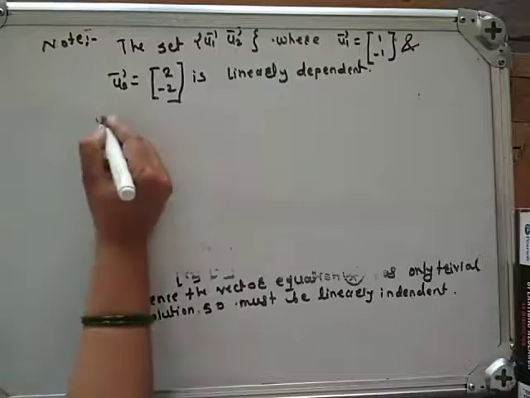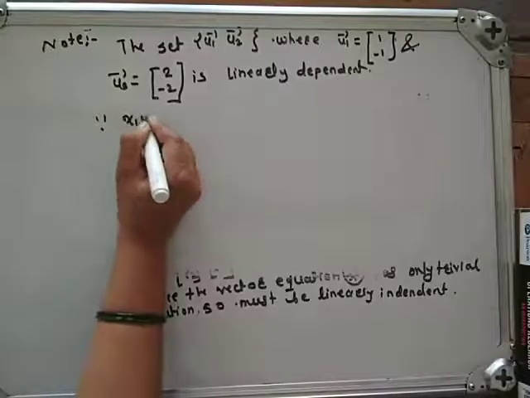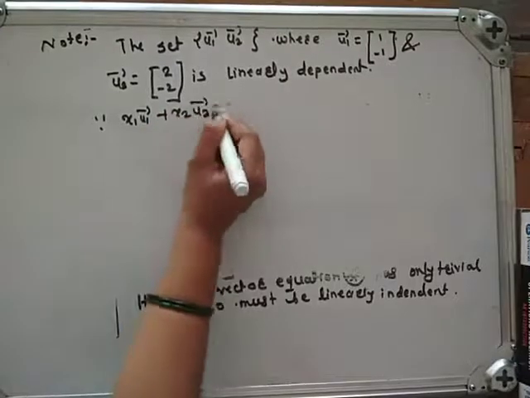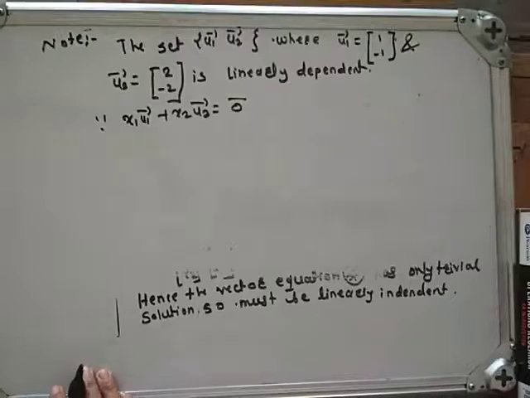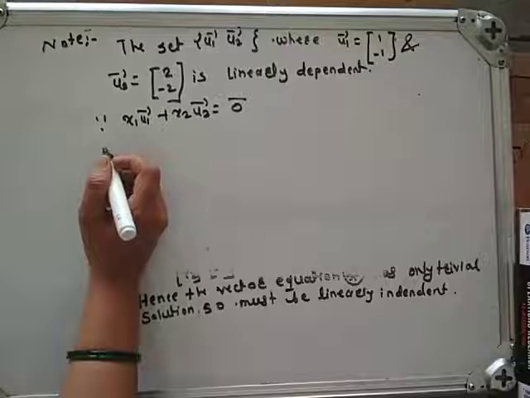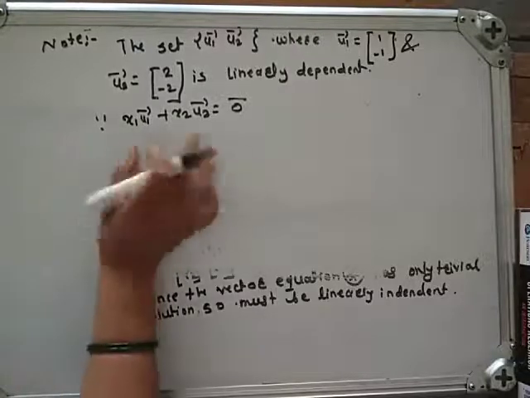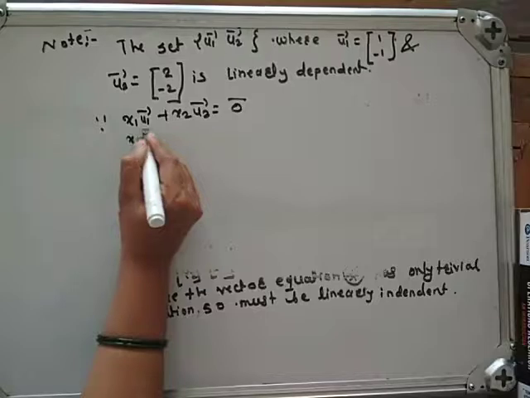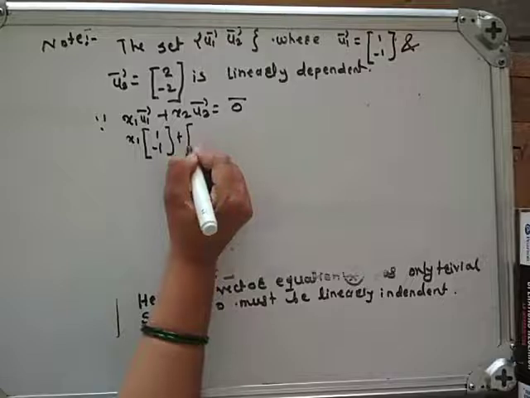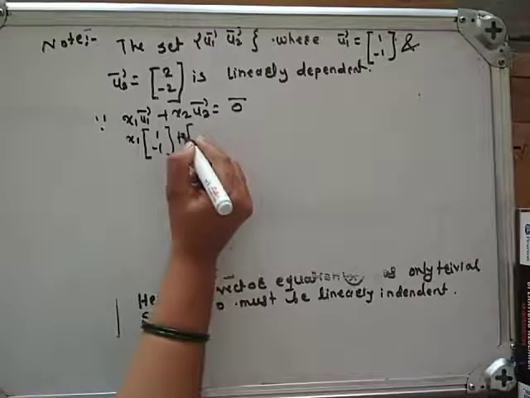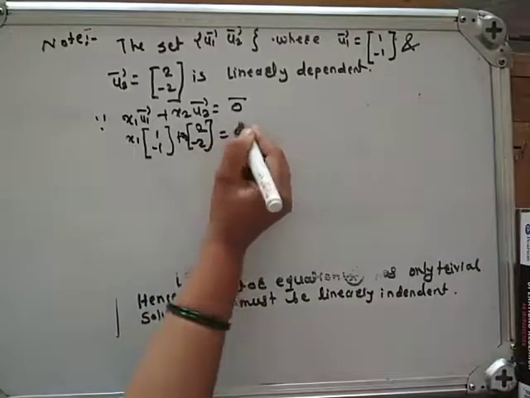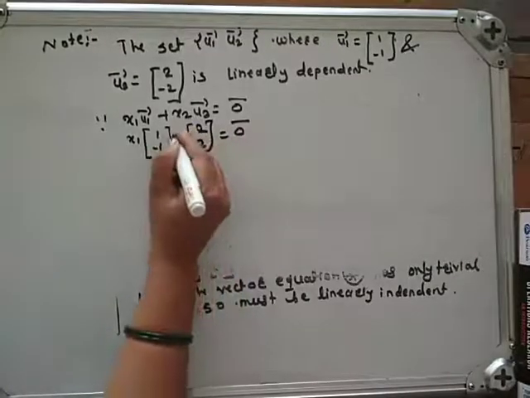Why is this? Since x1 into u1 bar plus x2 into u2 bar is equal to 0 bar, and this gives your augmented matrix. Here you have to put x1 into u1 bar, which is 1, minus 1, plus x2 into u2 bar, which is 2, minus 2, which is equal to 0 bar.